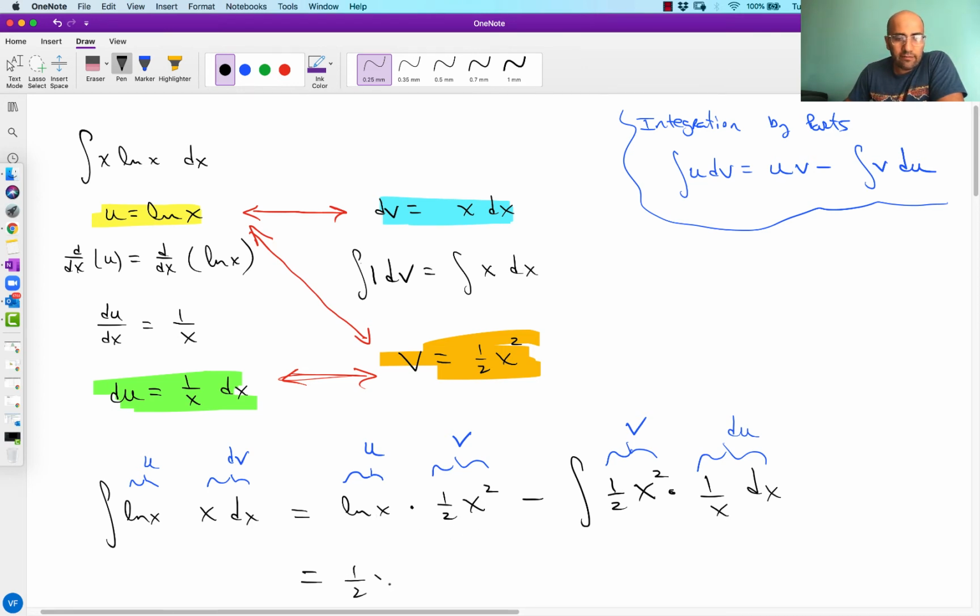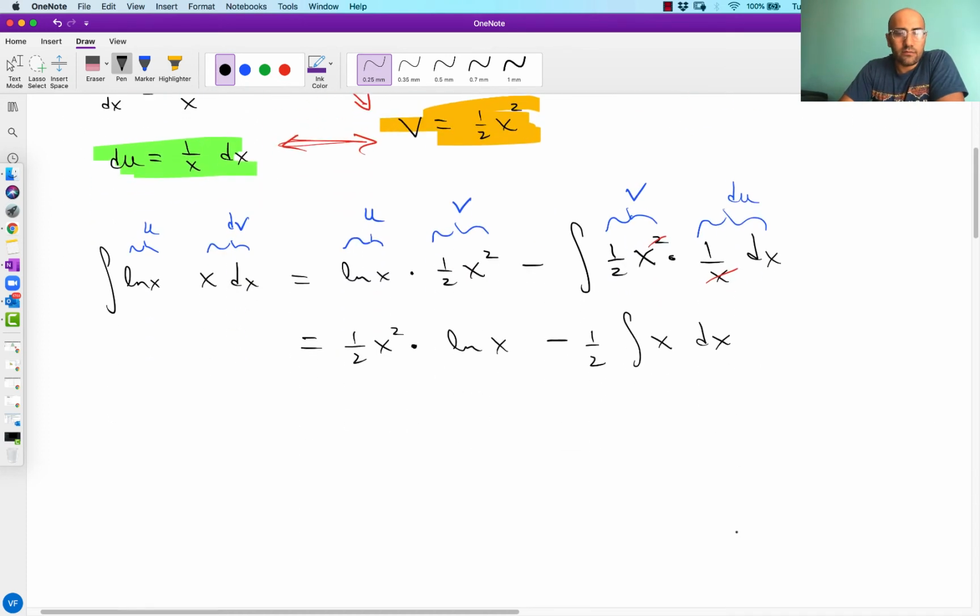This is going to be 1/2. I'm going to flip it around and say it's 1/2 times x squared ln of x minus, and then simplifying a little bit, I'm going to pull out the 1/2 integral of, and now one of these reduces with that guy to give you just x dx, and it does look a little easier.